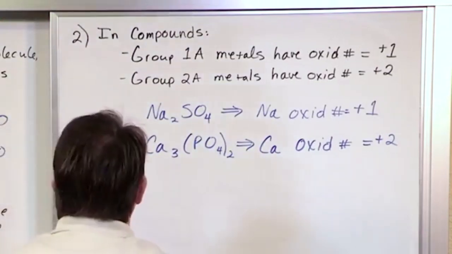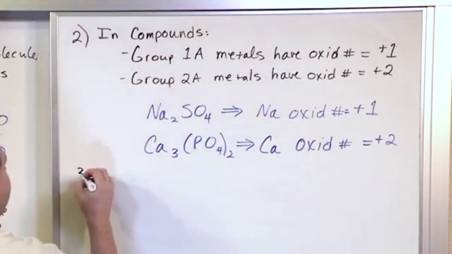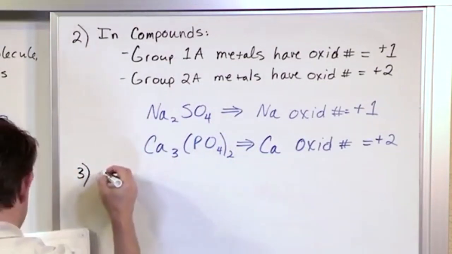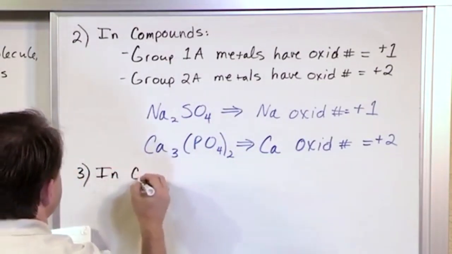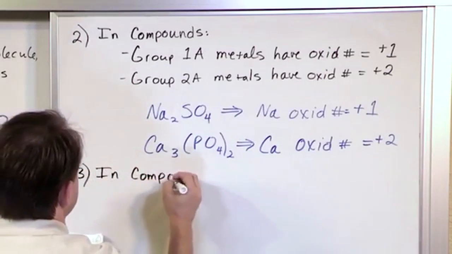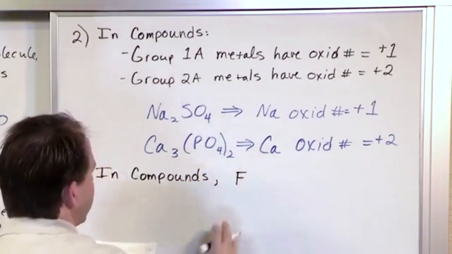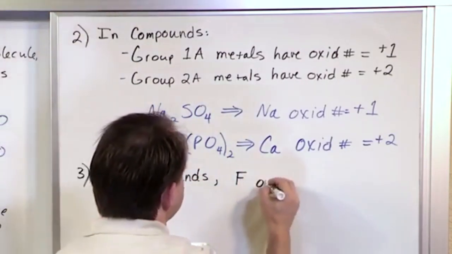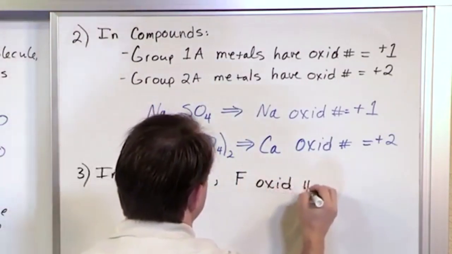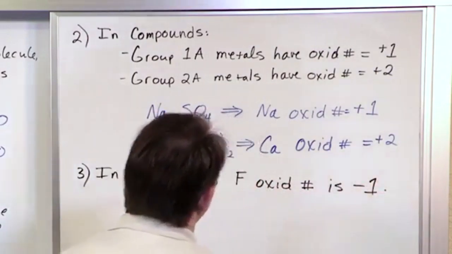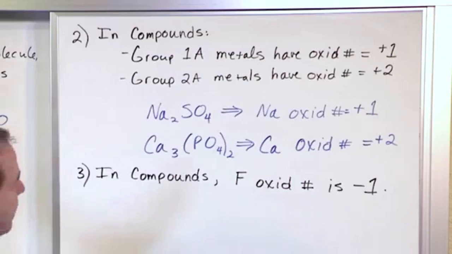All right, let's go to rule number 3. In compounds, fluorine, F, has an oxidation number of -1. That's important enough that it goes off by itself.